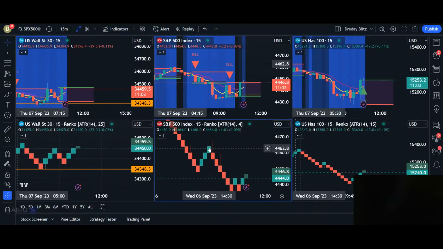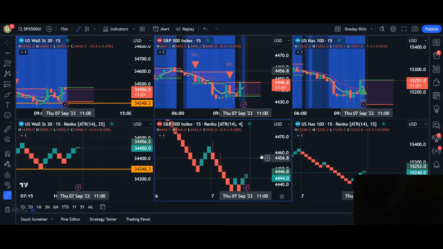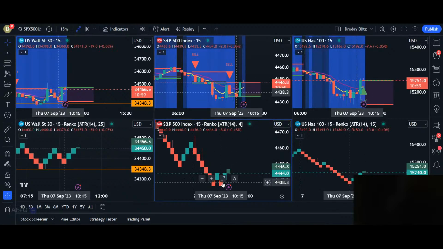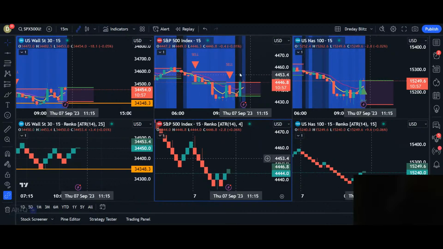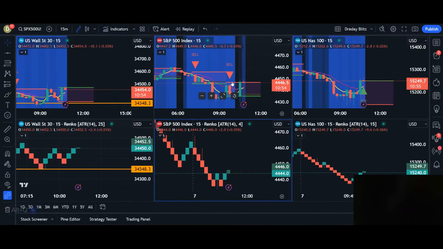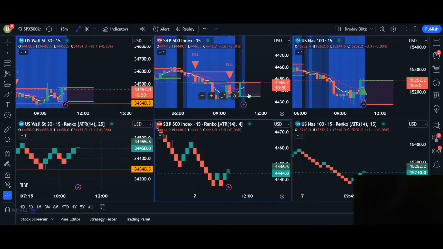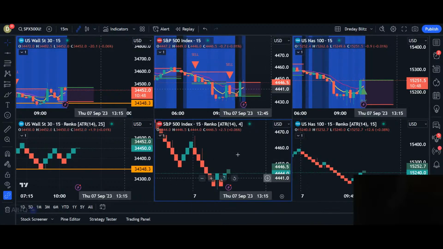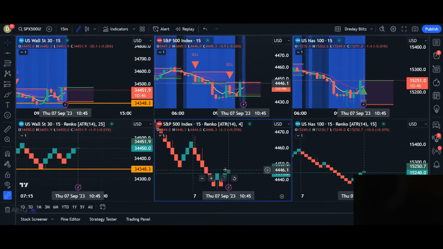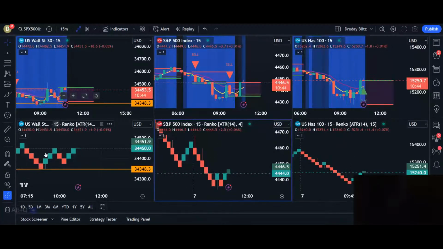It's when I have a reversal, the next reversal. So as long as the Renkos are going in the same direction, I'm keeping my trade. I don't care if the candle is going down within that time or it's going up. As long as I'm seeing the same direction here in my Renkos, I'm keeping my trade open.